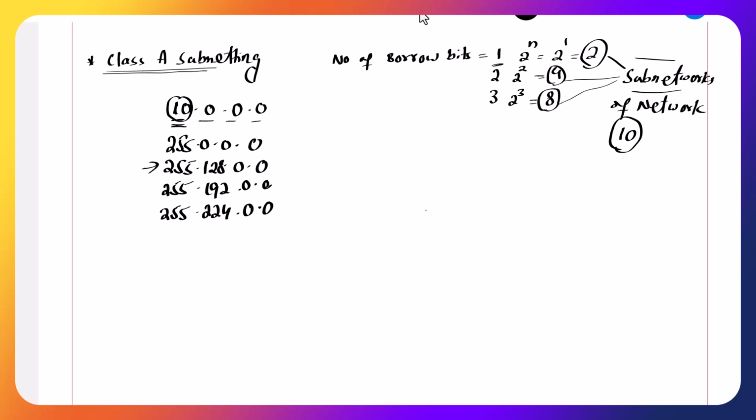Remember, here only 1 bit, here 2, and here 3. Here the 3 bits are on because they are borrowed bits. 1, 2, 3, 4, 5, 6, 7, 8, it's more than 8.